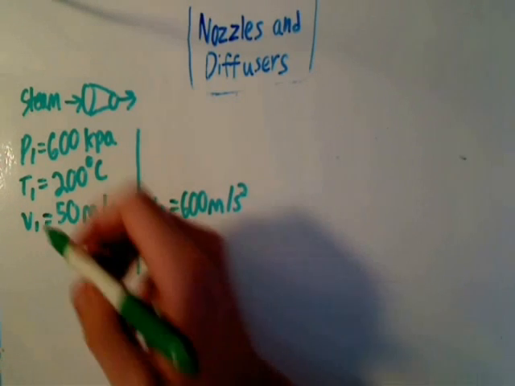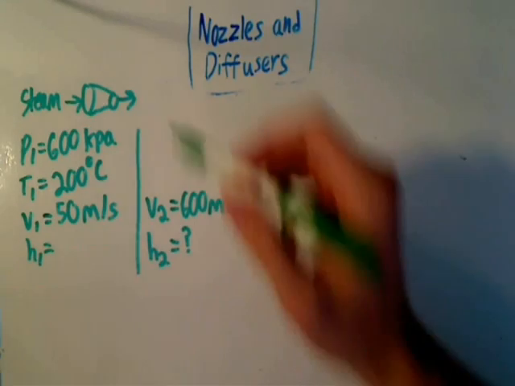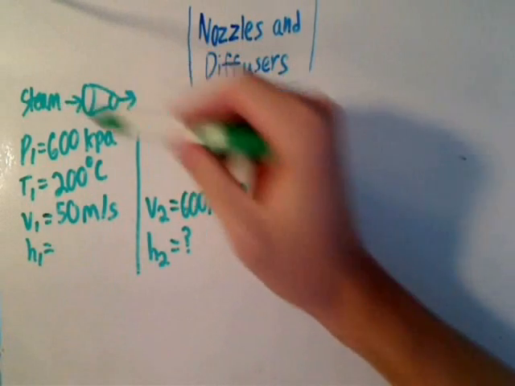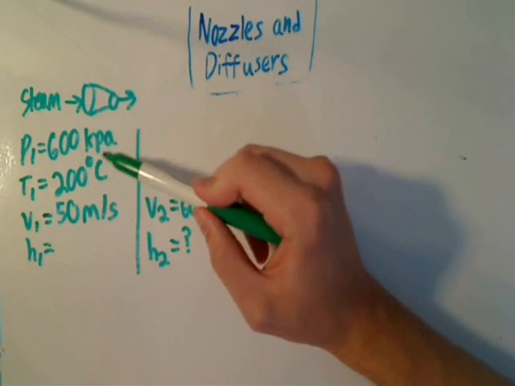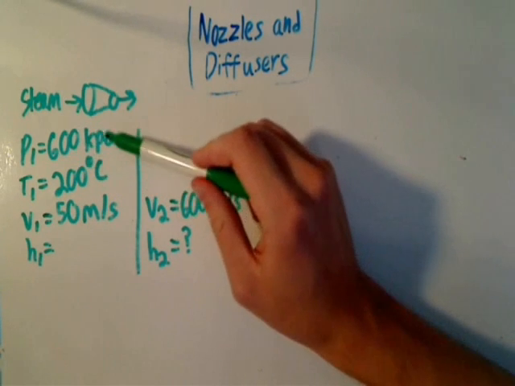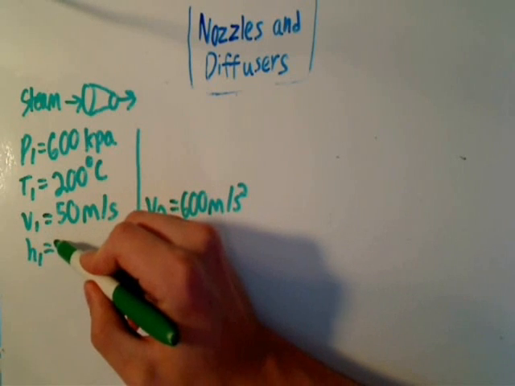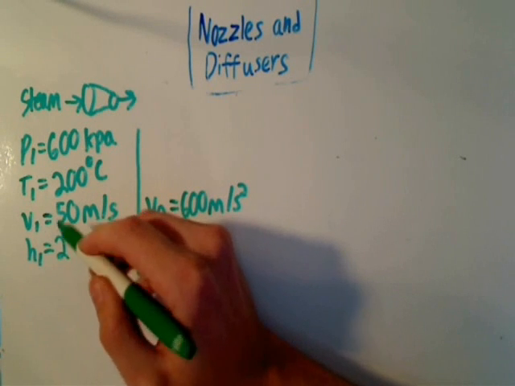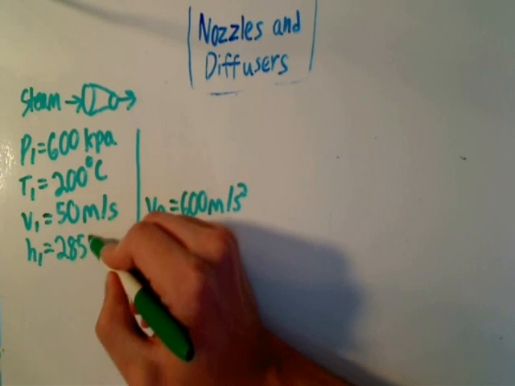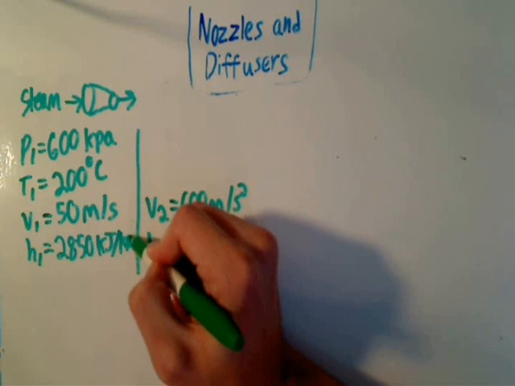We're going to start off by finding the enthalpy at the inlet state. This is pretty easy. We know it's steam, and we have pressure and temperature. So we're going to look at the superheated tables and look up under pressure of 600, temperature of 200, and we get the enthalpy to be 2,850 kilojoules per kilogram.